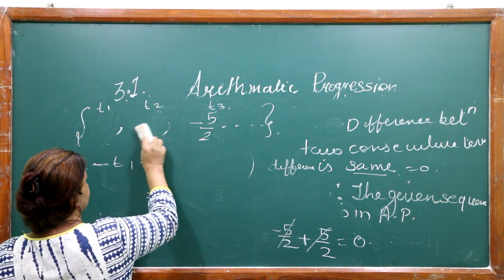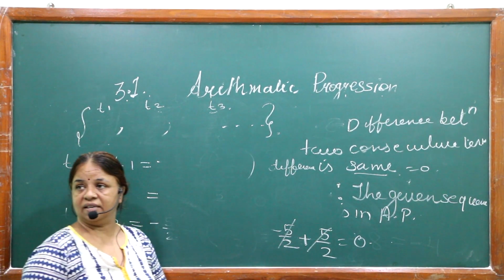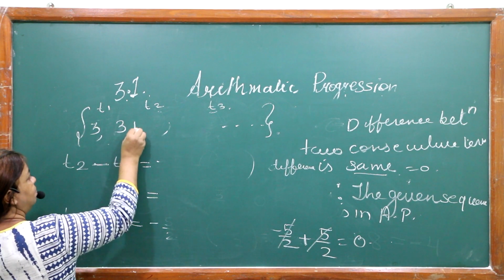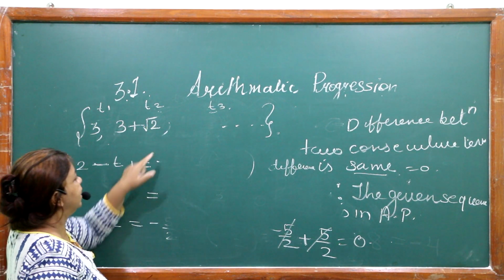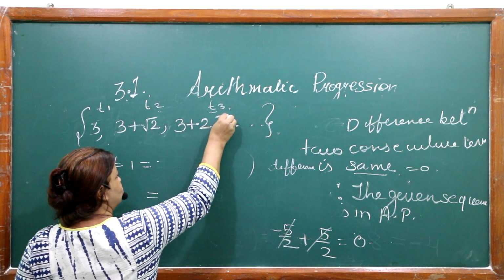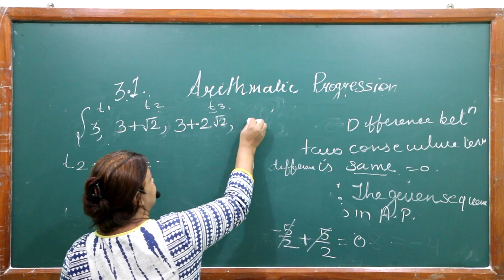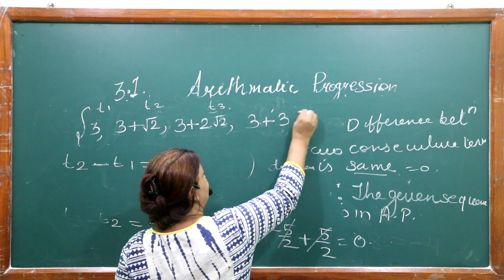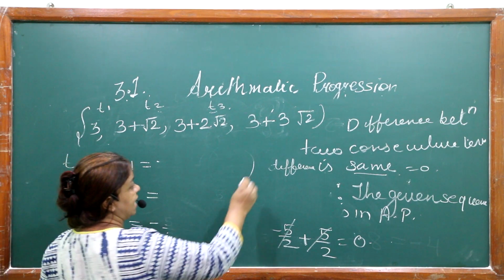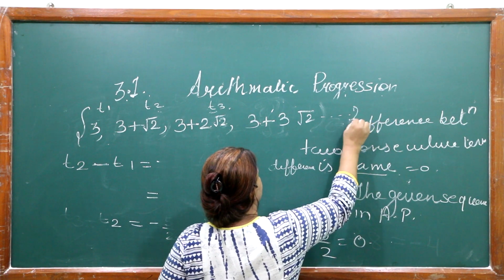The next sequence is 3, then 3 plus root 2, 3 plus 2 root 2, and the next one is 3 plus 3 root 2. Looking at this, children may get scared, but it is not so difficult. It's very easy once you understand the concept.